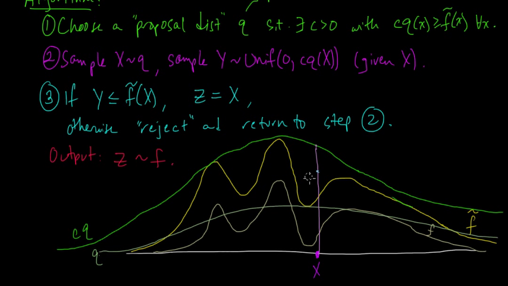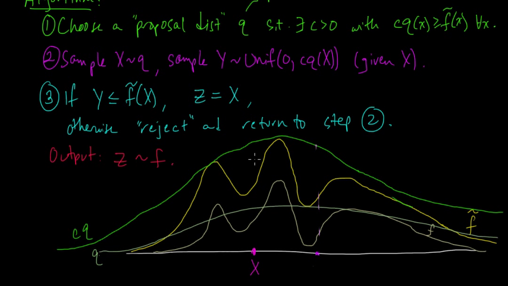Okay, so we reject that y. We return to step 2. We don't reject x, but we reject that whole iteration. So now we draw a new x, and maybe it's here.